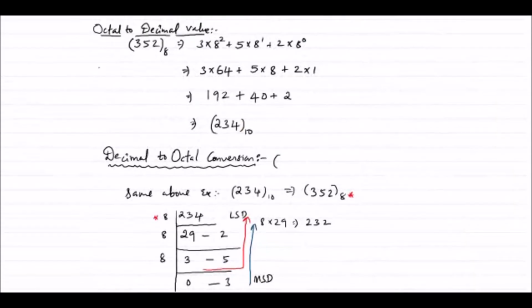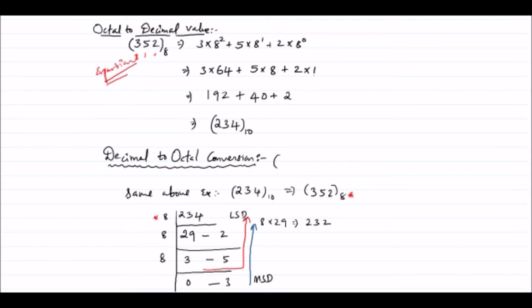For the octal to decimal conversion, for any base value, if we want to know the decimal equivalent, we need to follow the expansion method. Each digit will be a multiple of the power values of the radix value.